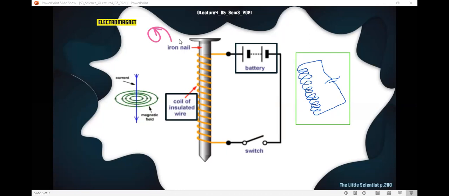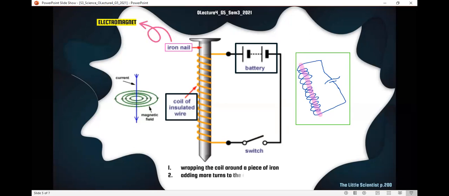There are 3 ways to make our electromagnet stronger. The first one is to add an iron nail in the middle. This is optional, but if you add an iron nail, a metallic body, you will increase the power of your electromagnet.